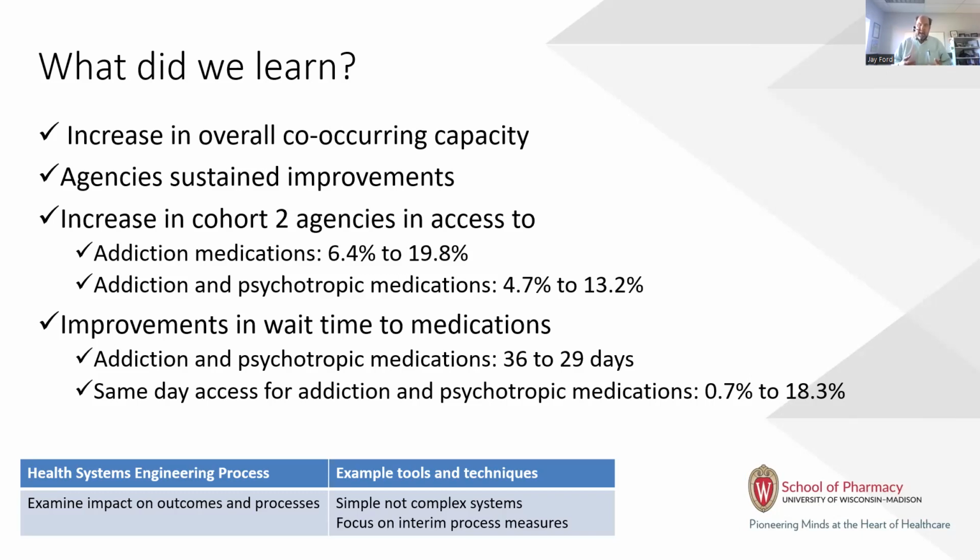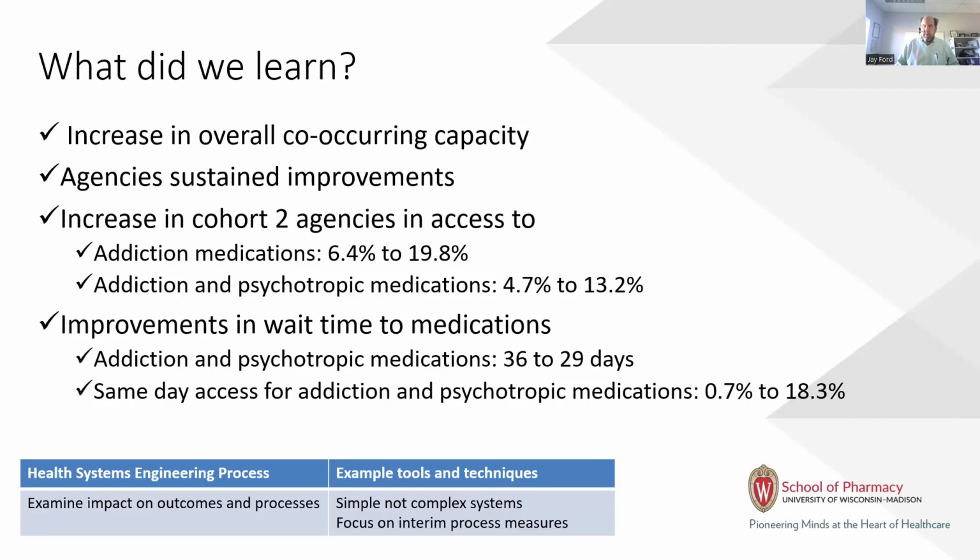But this goes back now to another piece of that health systems engineering process, that toolkit, which is to really examine the impact on outcomes and the process. One of the key things that I want to highlight here is the focus on interim process measures.